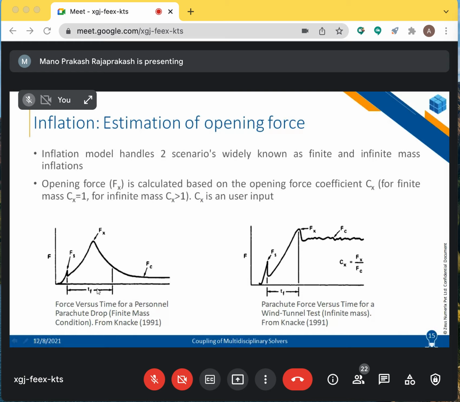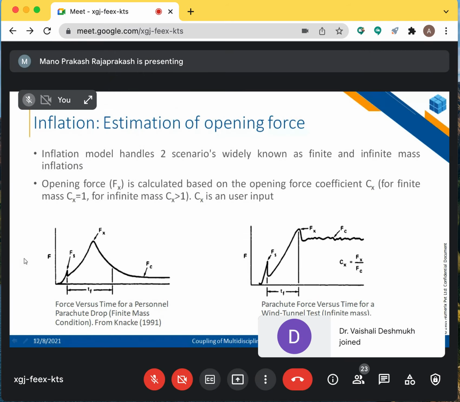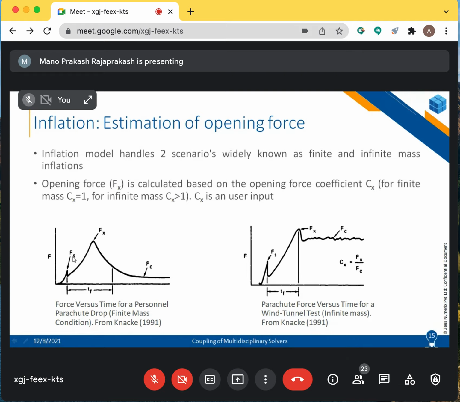The image on the left is nothing but time versus the aerodynamic force generated by the parachute. As you can see here, when a parachute begins to inflate, it experiences a sudden shock. This shock is imposed on the parachute due to the acceleration of the payload to which it is connected. And this Fs, as you see here, is called the snatch force.